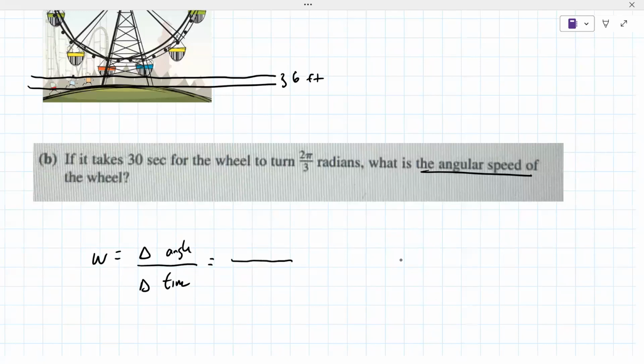They're saying 2 pi over 3 radians, that's the angle in 30 seconds.